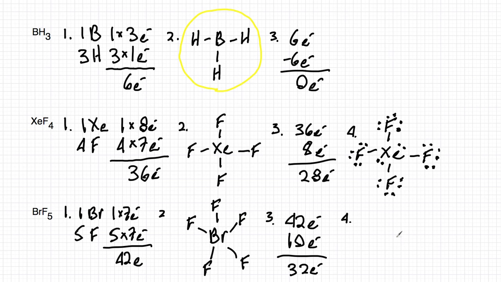So for step 4, let me go ahead and reproduce the trial structure. Each of the fluorines is going to need a total of 6.